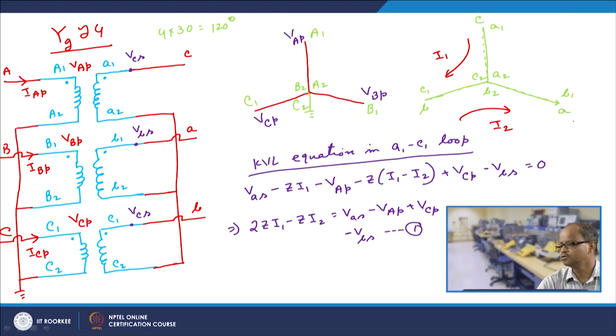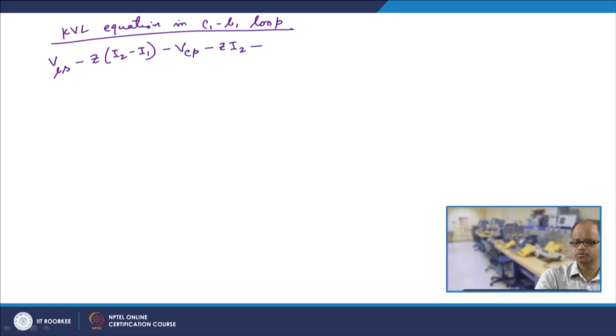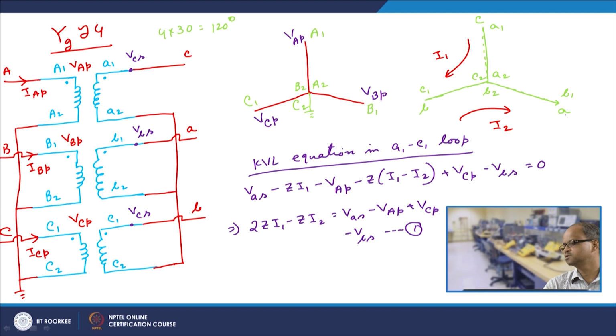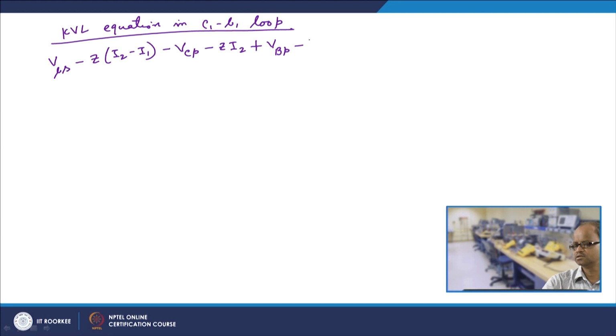Now in this direction we are traveling, the voltage drop is from here to here, but it would be actually here to here. So it would be plus VBP minus, this is phase A, so this is VAS, this is equal to 0.